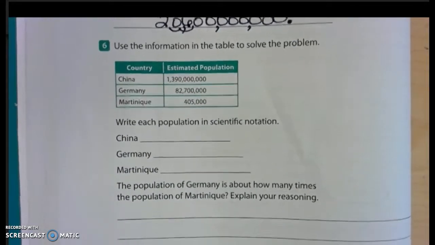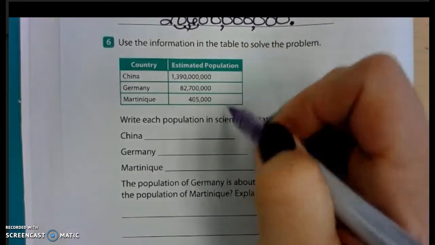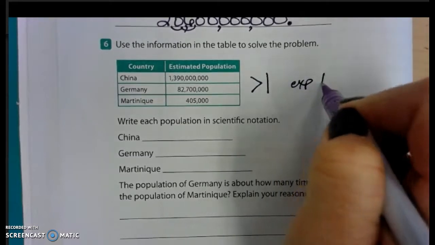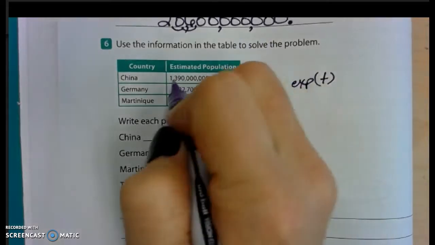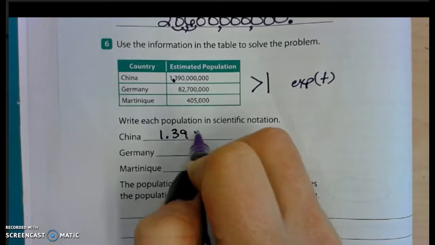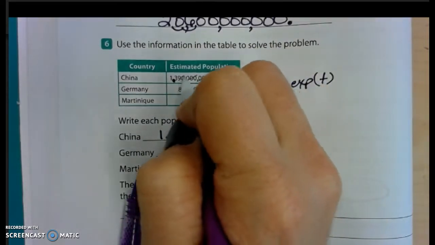Number 6. Use the table to answer the questions. Write each population in scientific notation. Now, all of these numbers are greater than 1, so our exponent will be positive. I'm going to move my decimal between the 1 and the 3, so 1.39 times 10, positive exponent of 369.